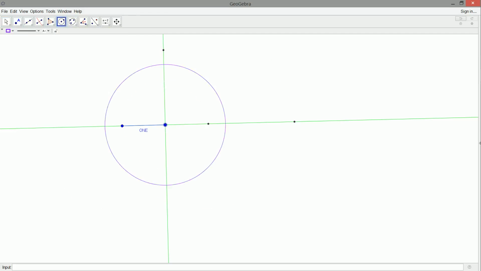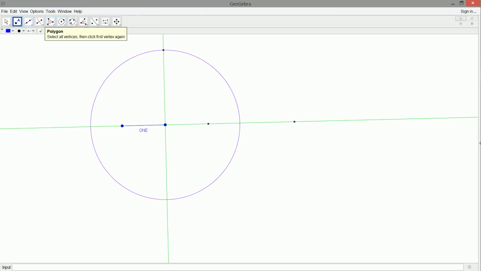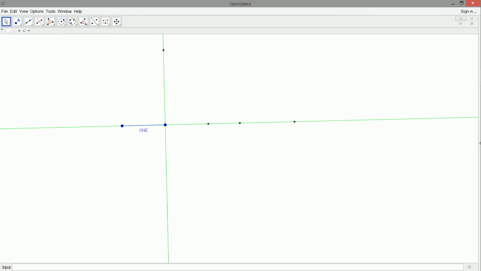So we want root 3 plus 2. So let's put root 3 down here on the line. Get rid of this circle. Get rid of a lot of this. So now we've got 1 plus root 3. We need 2 plus root 3. Oops, wrong way.